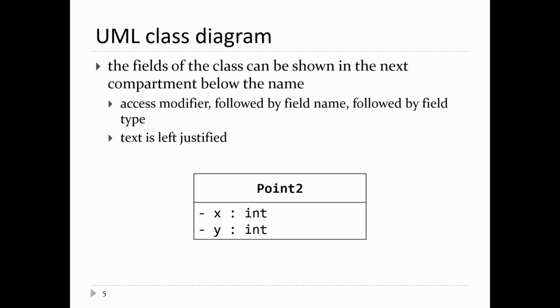Now, UML is not designed specifically for any one language, so it has a generic notation for describing its fields and methods. The way you describe a field is you first put in the access modifier. So in this case, it's minus. Then you put in the name of your fields, so X and Y. Then there's a colon, and then it's followed by the type of your field.